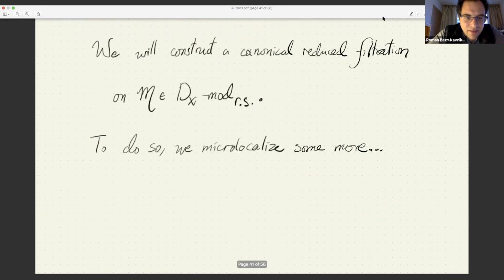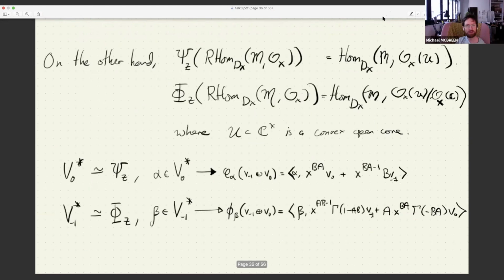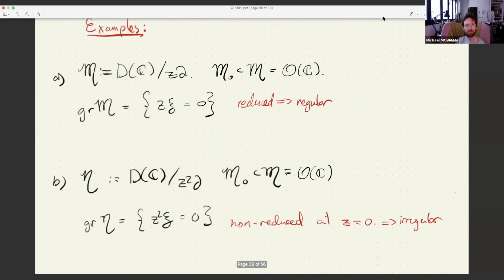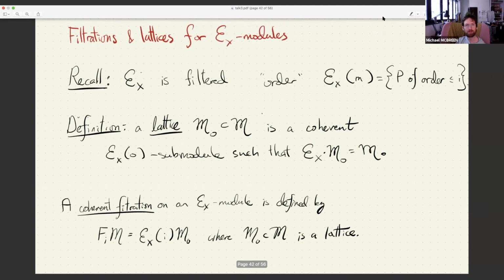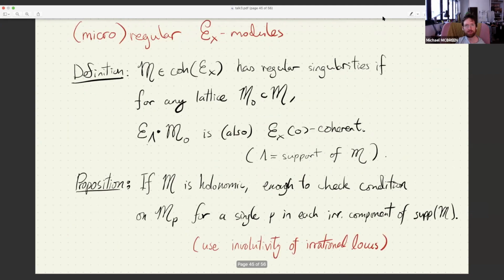So right, you want to go back to the, sorry, is this the slide you're thinking of? Yes, this is the slide I was thinking of, and I was trying to recall if there is a slide in the D module story before I got microlocal that this should be compared to.